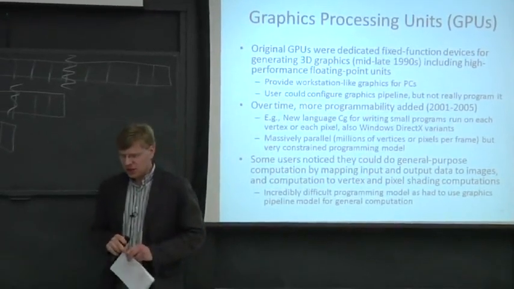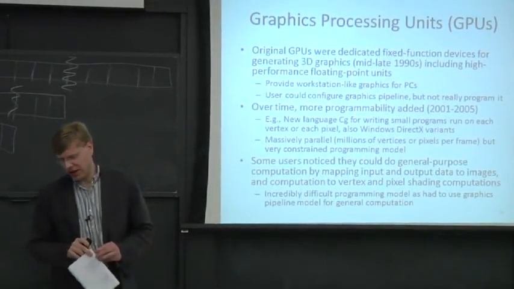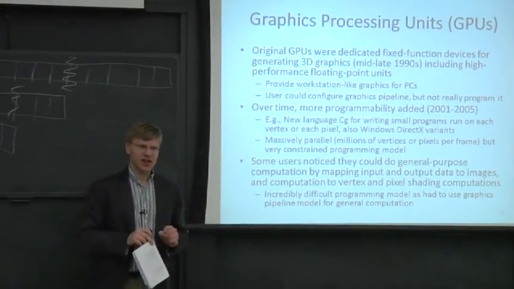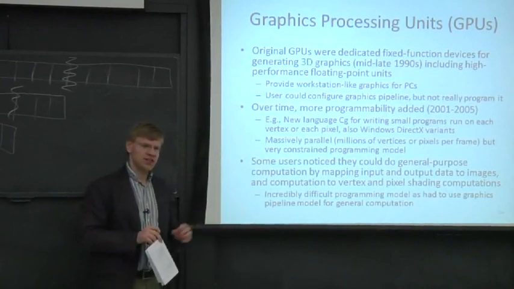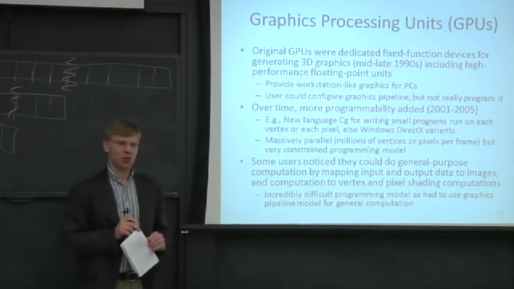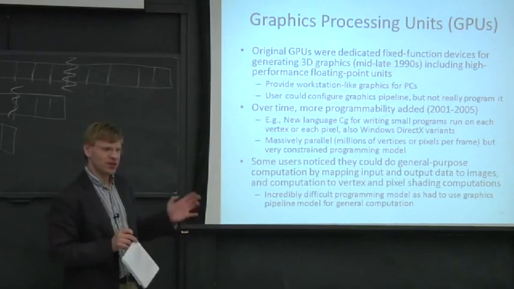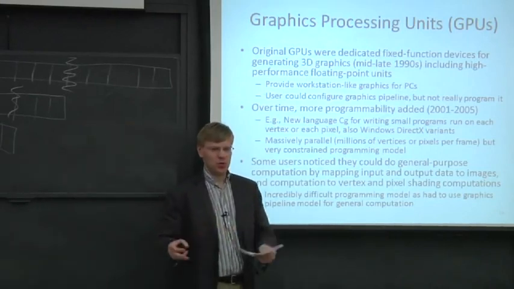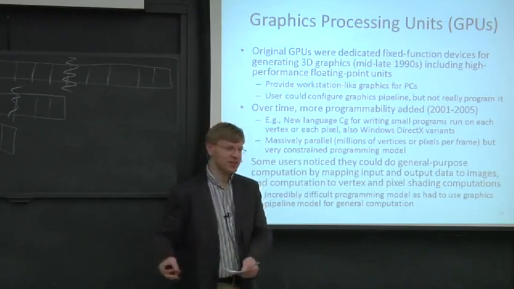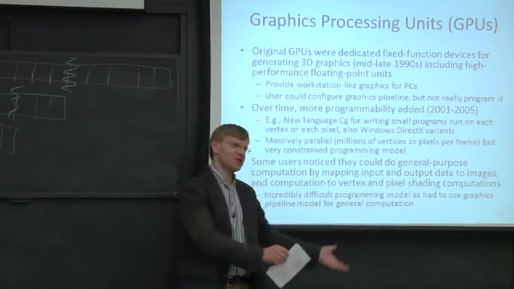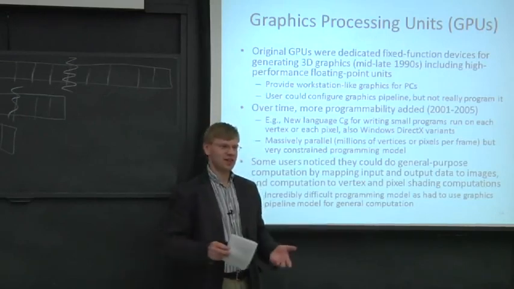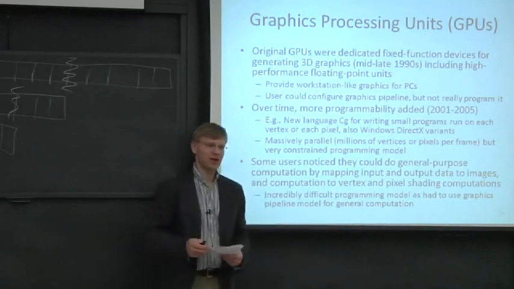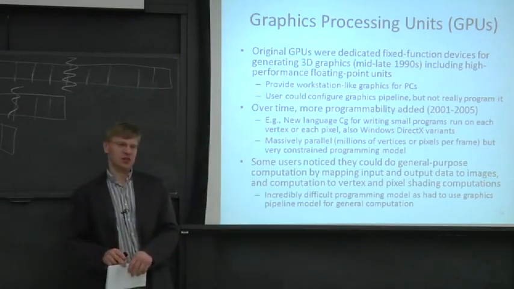What's interesting about these pixel shaders is that there was actually a programming language that developed for them. And the first implementation of general purpose computing on these was people writing pixel shaders to render on pixels, but actually doing something else with it. They computed some other program using these pixel shaders.